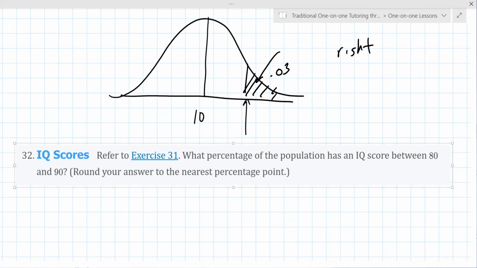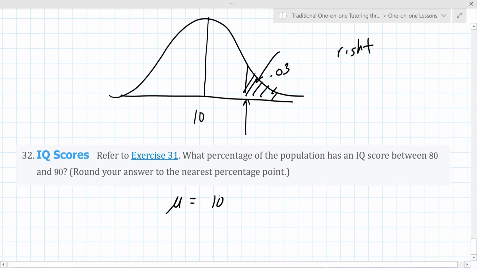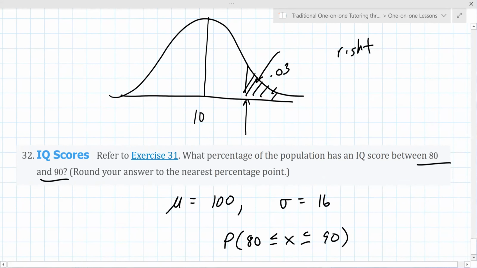All right. So 31 tells you the mean is 100. The standard deviation is 16. And they want the probability here is 80 and 90. Is this just like normal CDF? It is.